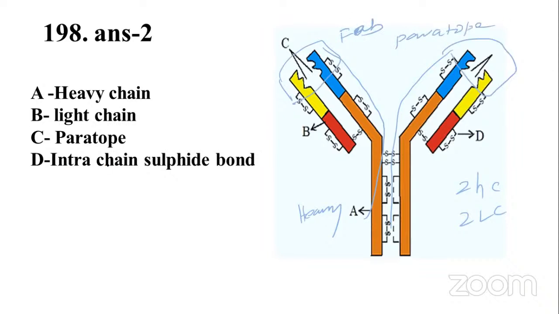Okay. Intra-chain disulfide bond. Intra means this part, and this one is called inter. You know the difference. Okay. So the second option is the correct answer.